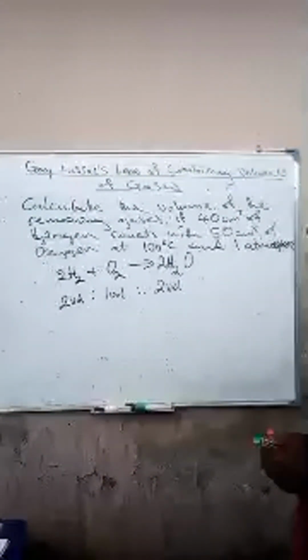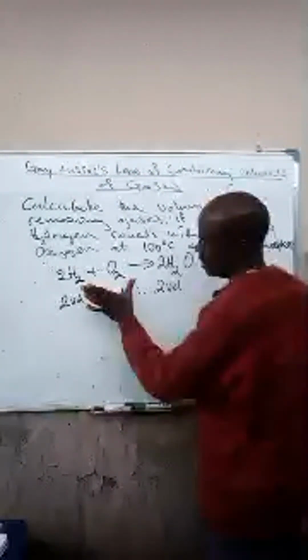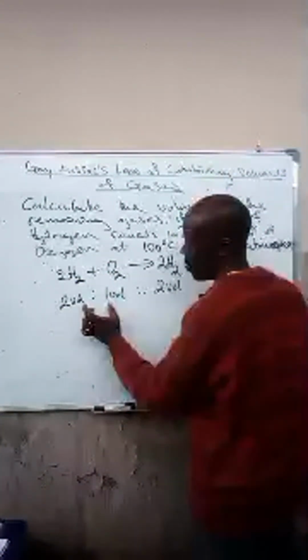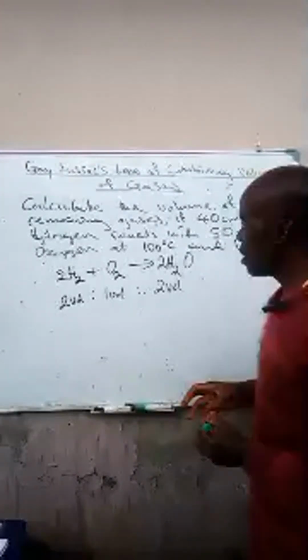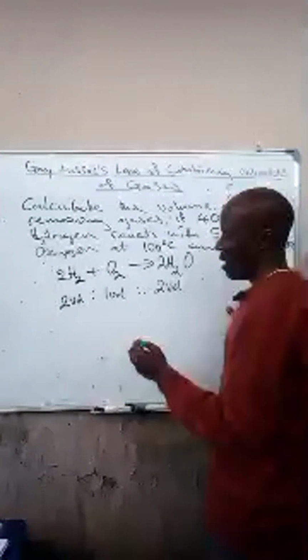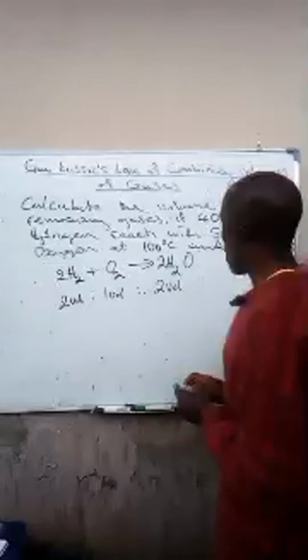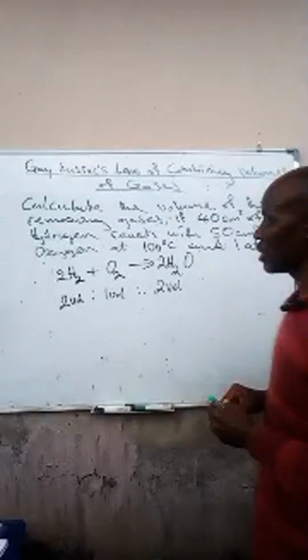So let's continue. How do we find out the one that is in excess? If you look at this, you have 2 cm cube and 1 cm cube. From here, let's see which of them is reacting in excess. So let's start by assuming all the volume of hydrogen is going to react.